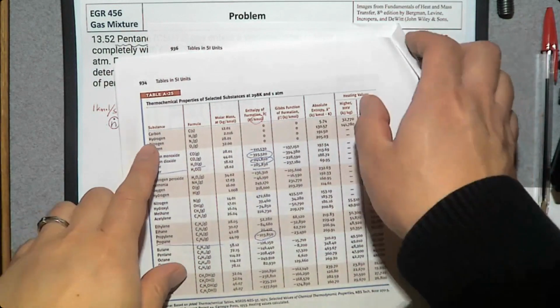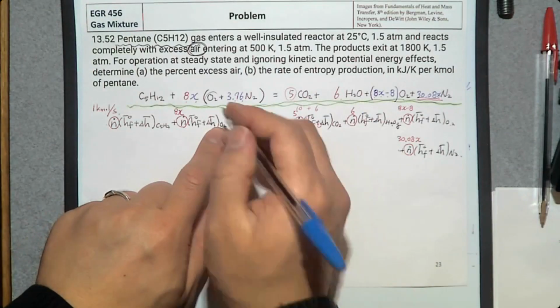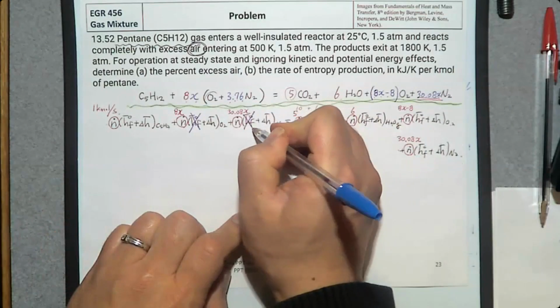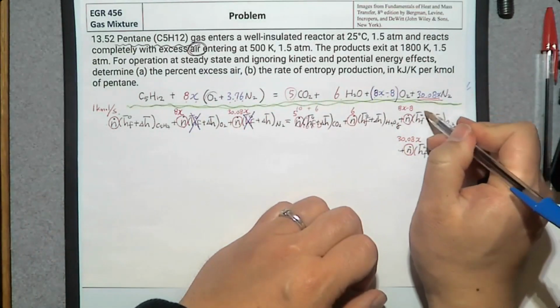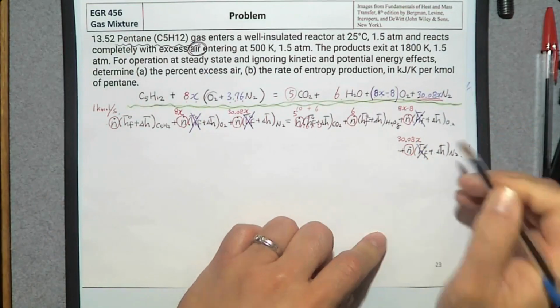So do we have carbon, hydrogen, nitrogen, oxygen? We have oxygen and nitrogen, so there's no enthalpy of formation for them, in either reactants or products.